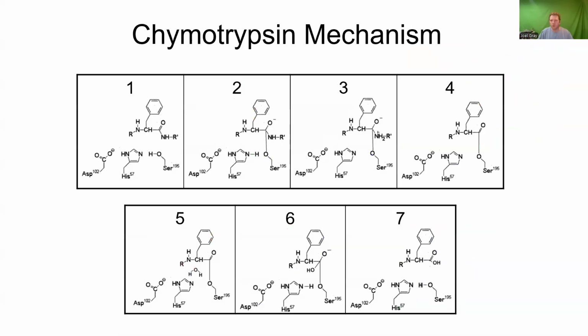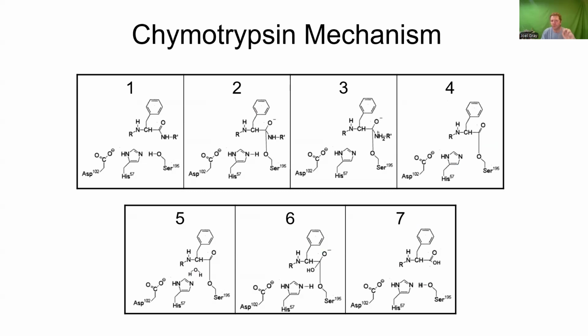Okay, so first things first, like what we did with the RNase mechanism, we wanted to pick out what are the amino acids that are a part of our enzyme, and then what separates that from our substrate. I am going to take each one of these cells on and circle our substrate. This is particularly challenging because we're cutting a peptide bond, so our substrate is made up of the same things that our enzyme is made up of.